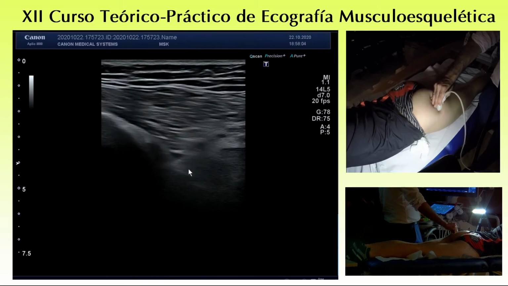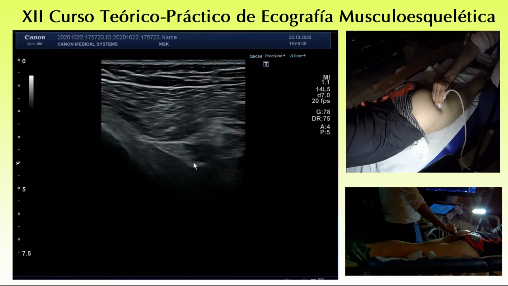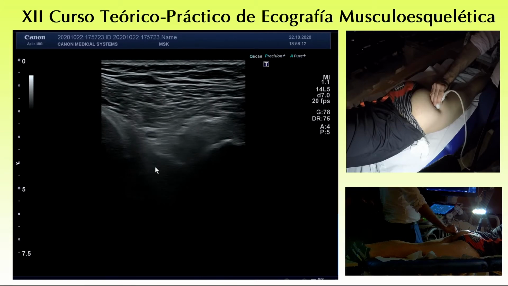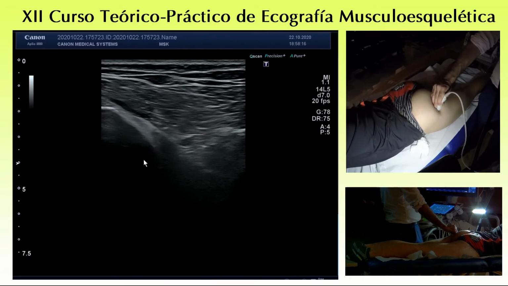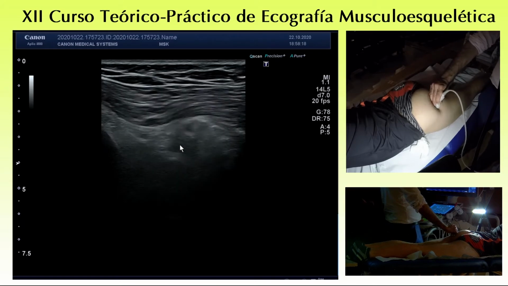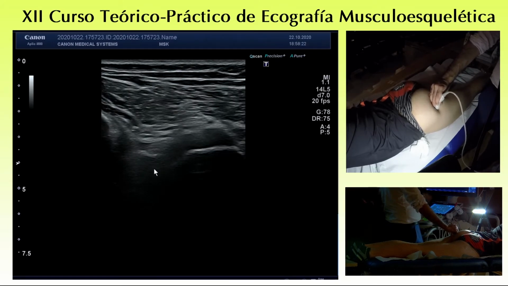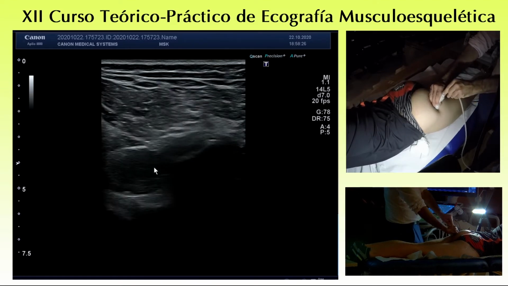Then I go down to this level, and the next muscle I find at this level is the quadratus femoris. It's very useful, this position between the trochanter and the ischial tuberosity, because it is also a good marker to see if there is any ischiofemoral impingement.